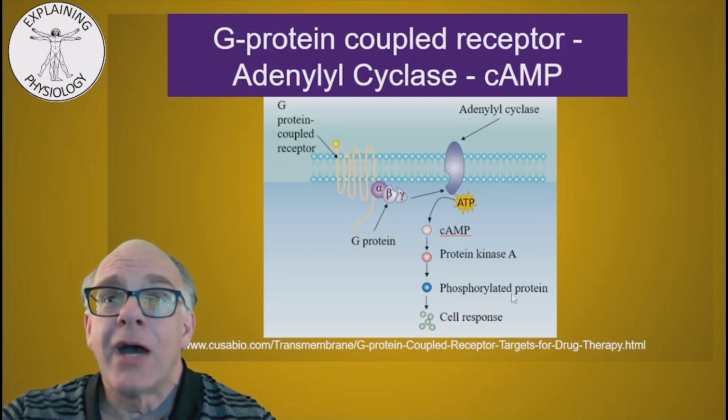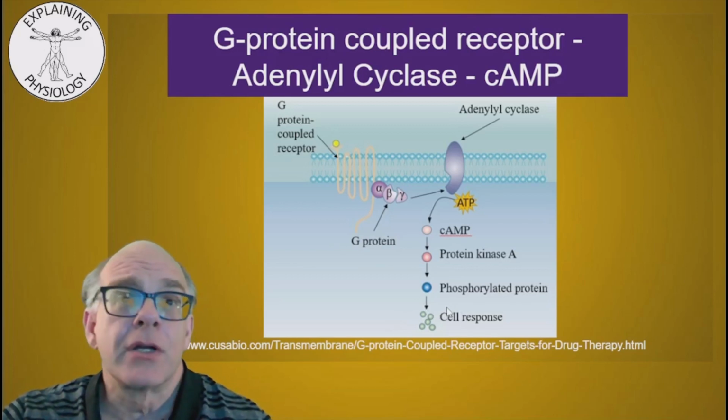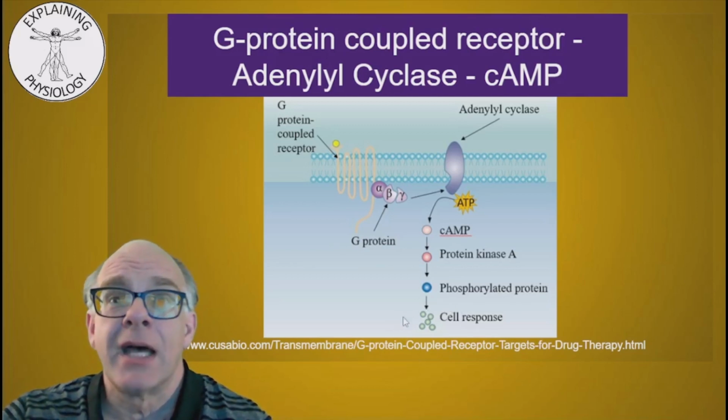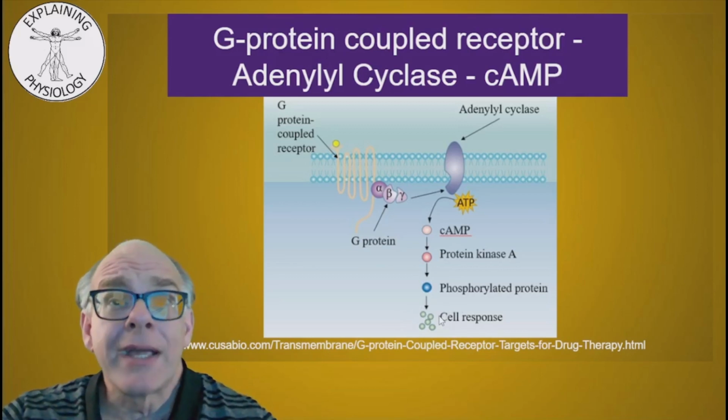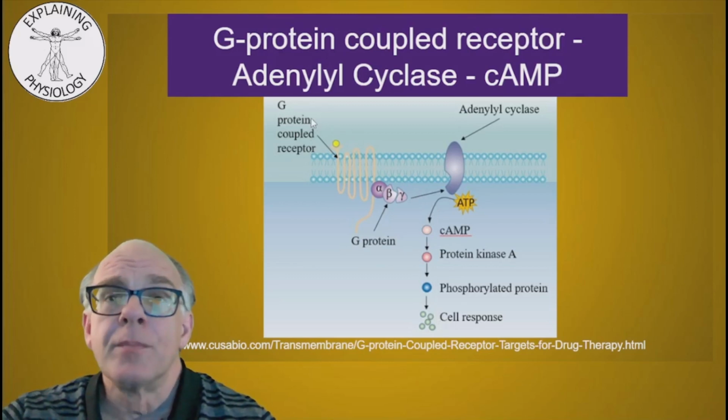And so in that way, this phosphorylated protein is then going to trigger a cell reaction. It's going to control some type of process within the cell, but it is basically going to trigger what is going to be that cellular response. What's important to recognize with this G protein coupled receptor with the adenyl cyclase and the cyclic AMP is that we can amplify that external signal by producing multiple copies of our cyclic AMP down here.